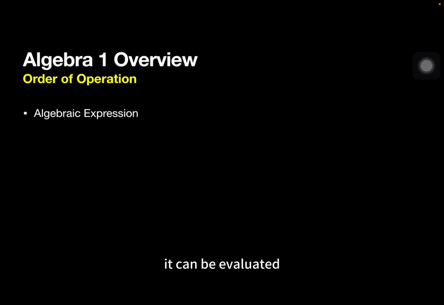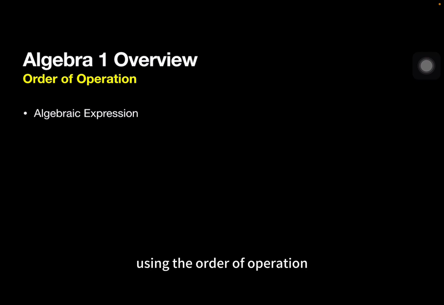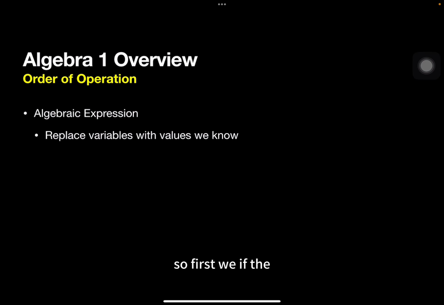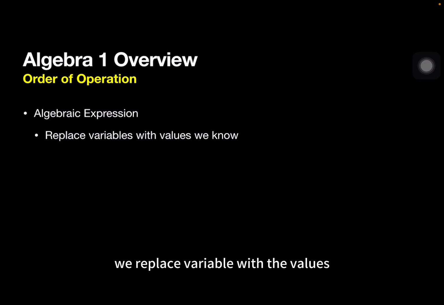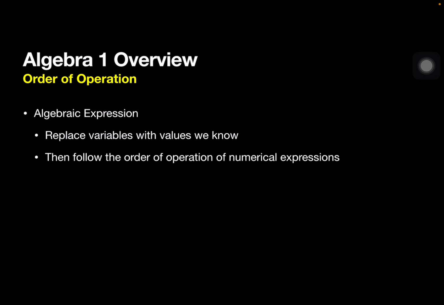It can be evaluated when we know the values of those variables, and we will replace the variables with the values we know, and then find the value of the numerical expression using the order of operations. So first, if the value of the variable is known, we replace the variable with the value, and then we follow the order of operations. Okay, and we will first look at a very simple one, an expression with only one variable.